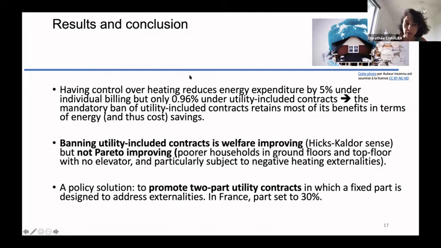You decide how much energy to consume. Okay. But there is no direct link between the choice of the floor, the elevator, and direct or real energy consumption. It's a proxy of theoretical energy consumption. Okay. Thanks.